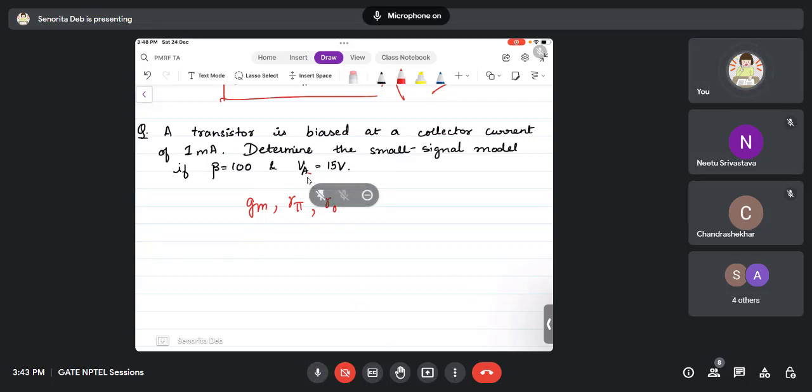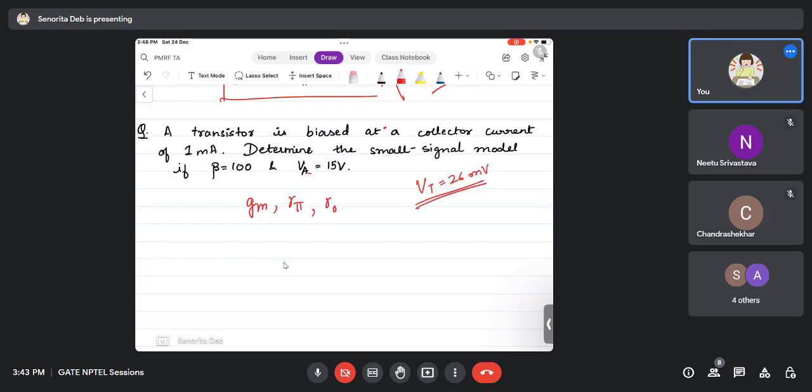This should not take so much time. It's a simple thing, right? Take VT to be 26 millivolts. So tell me the answer quickly. You should not need any pen or pencil for this.